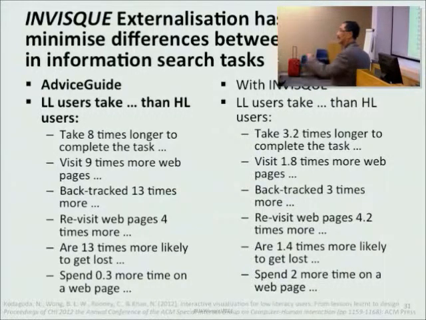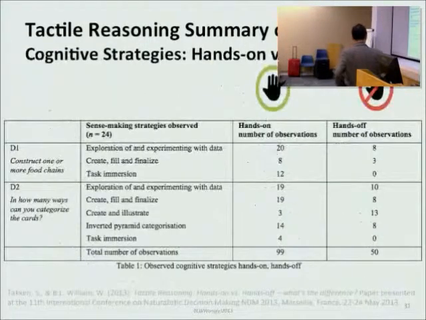They're just moving around many different websites. In terms of backtracking, they had backtracked 13 times when they were using the standard advice guide. But when you're using the InVisic, because it provided a trail of provenance, okay, backtrack only 3 times, okay? And so what we found, you can go through the statistics, what we found was that this kind of assembling of information in real time allows people to deal with information differently, and their understanding and performance improves.